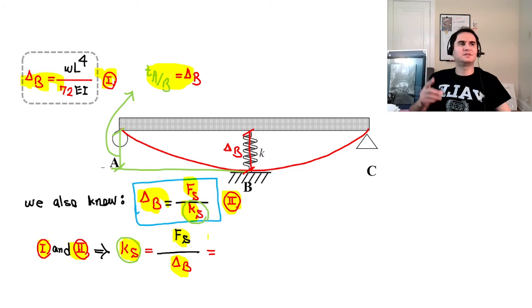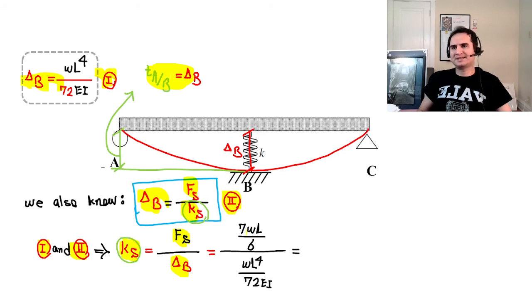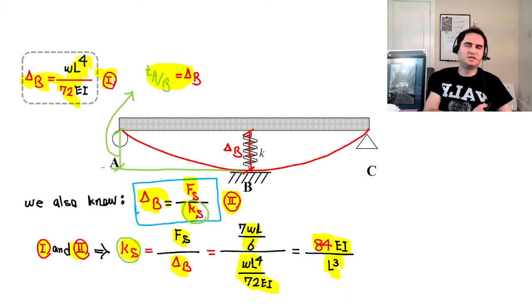We already calculated the force based on the equation relation, which is 7 over 6, if I'm not wrong, times WL over K, yes, that's correct, over delta B, which we replace from equation 1, WL to the fourth over 72. If you do the math, it gives you 84EI over L cubed, which is the stiffness of the spring based on this problem.